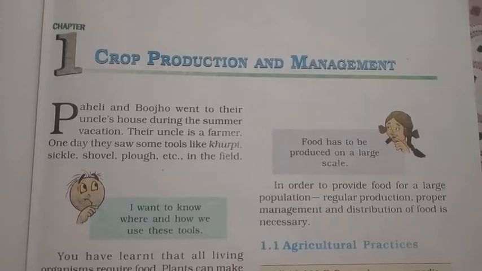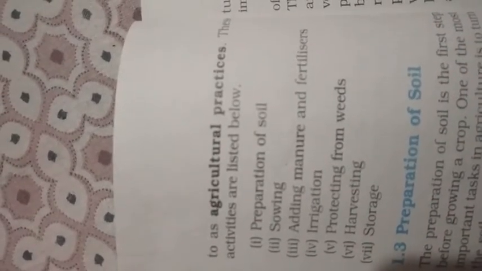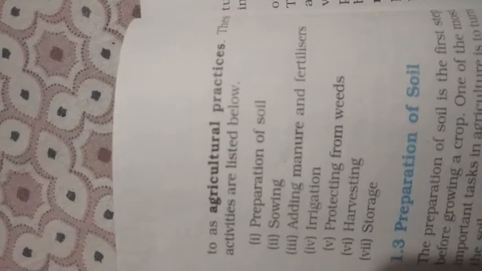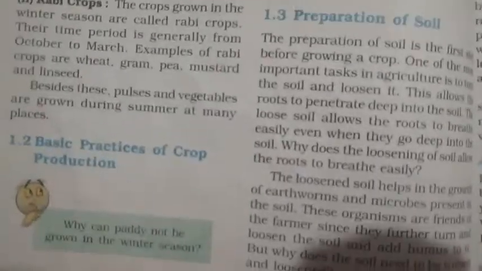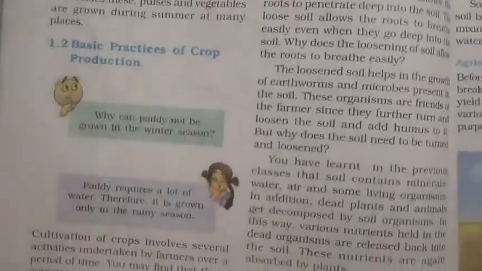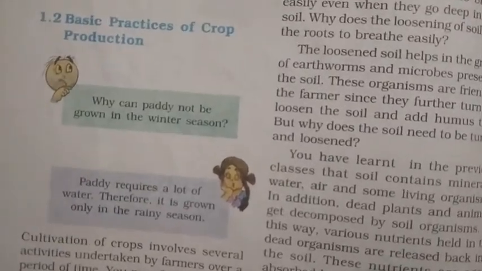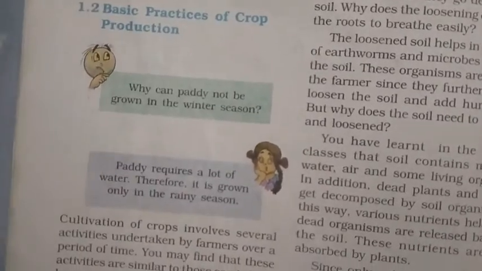Those agricultural practices include the preparation of soil, sowing, adding manure and fertilizers, irrigation, protecting from weeds, harvesting and storage. The production of these crops depends on the different seasons or weather conditions.